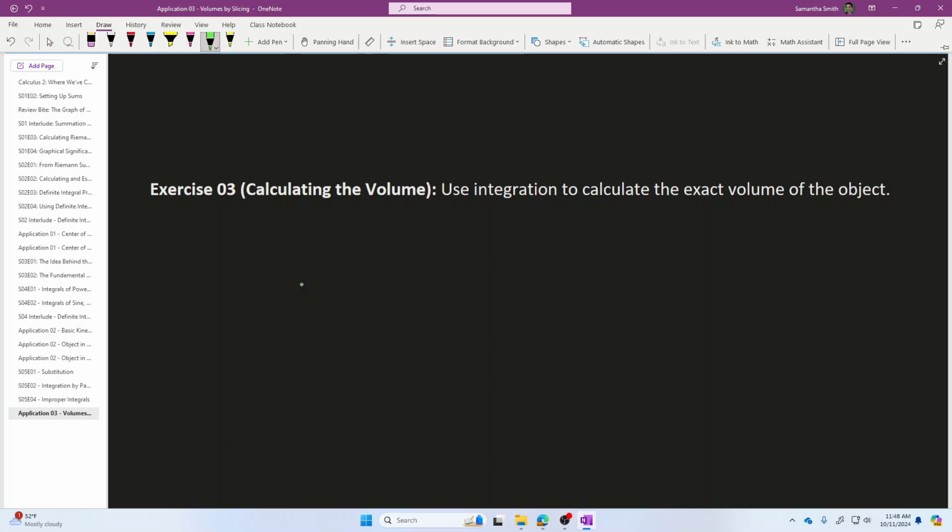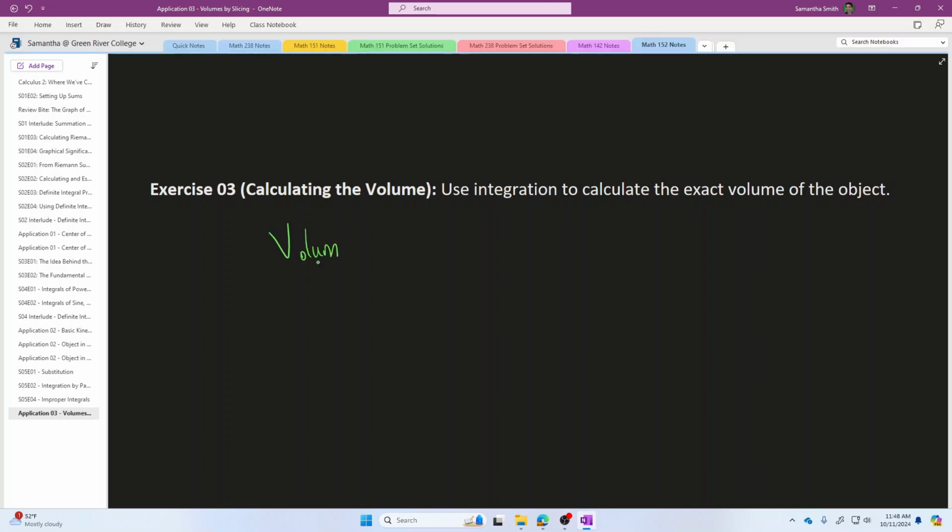And at this point, we have so many tools and tricks that this one is not so bad. The volume of this object is the integral from the smallest x value to the largest x value, 0 and 1 in our case, of the area function, which is 1/8 pi x squared dx.